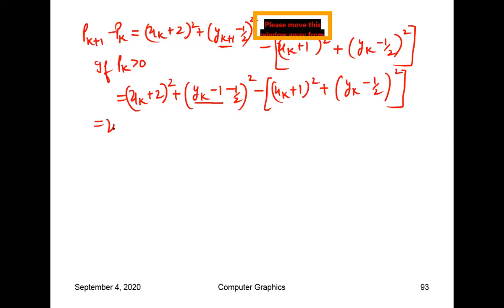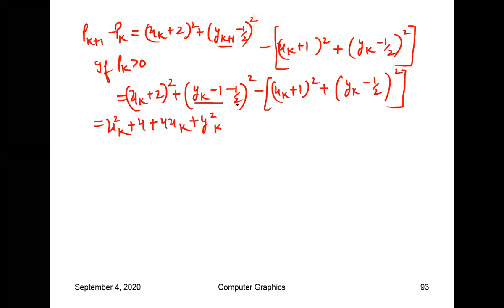So this becomes x square k plus 4 plus 4xk. This will be y square k. This becomes minus 3 by 2, minus 3 by 2 means plus 9 by 4. And this will be minus 3yk. So are you with me till now? This will be yk minus 3 by 2 whole square.